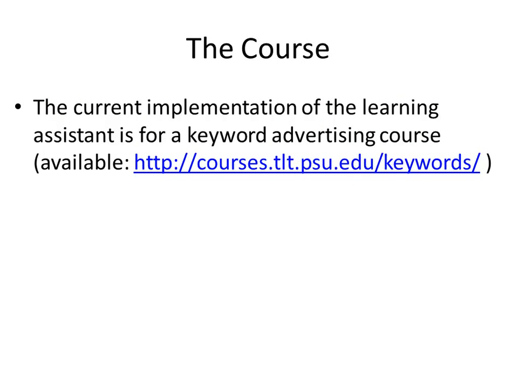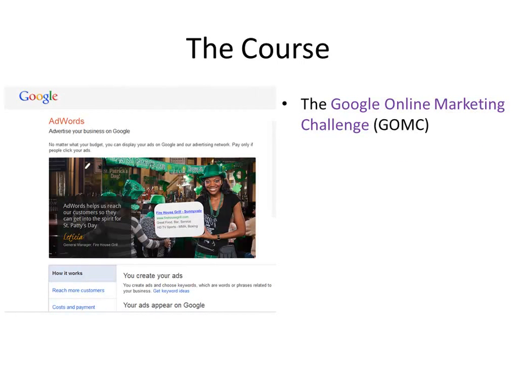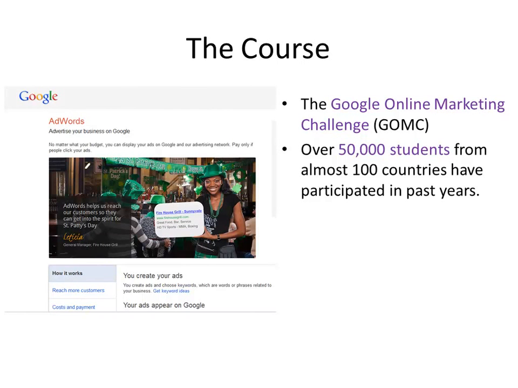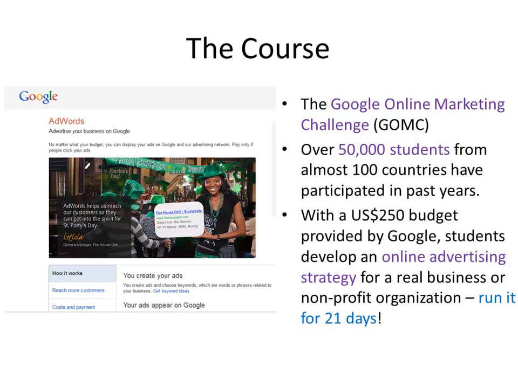For the particular course, we are implementing this in a keyword advertising course I'm teaching. The course is the Google Online Marketing Challenge. It's a worldwide competition held every year. Last year there were about 50,000 students from 100 countries participating. Students are given $250.